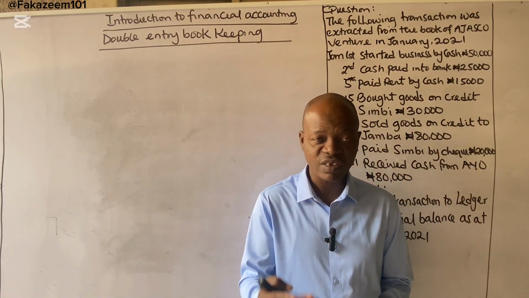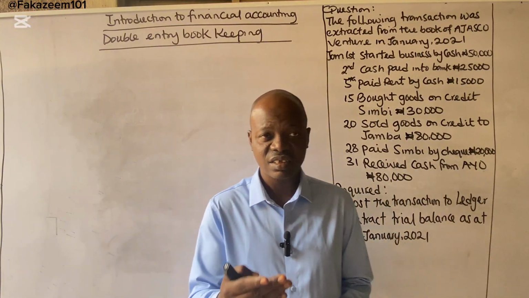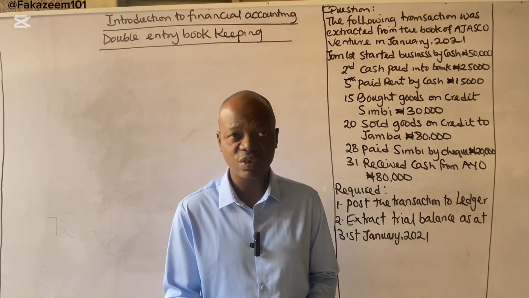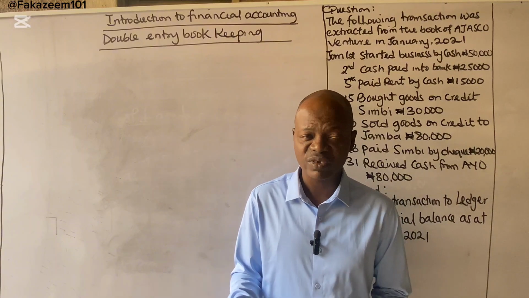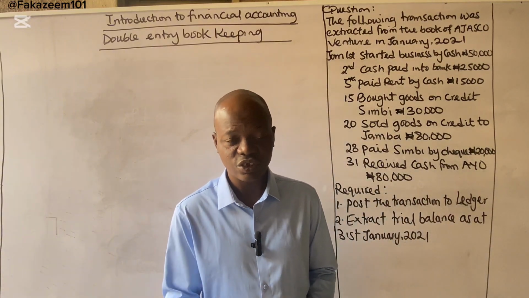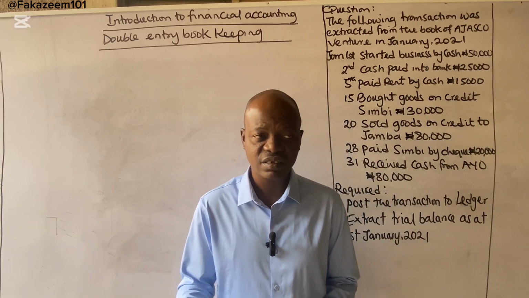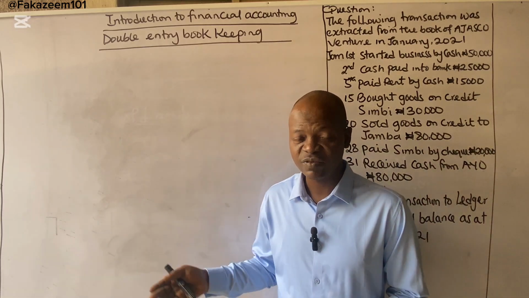If the question says sold goods, you write it as a sales account. If the question says check, what you write in the solution is a bank account. And if we say withdrew for personal use, in your solution, you write drawings account. All this brief explanation is in the previous video before this video.